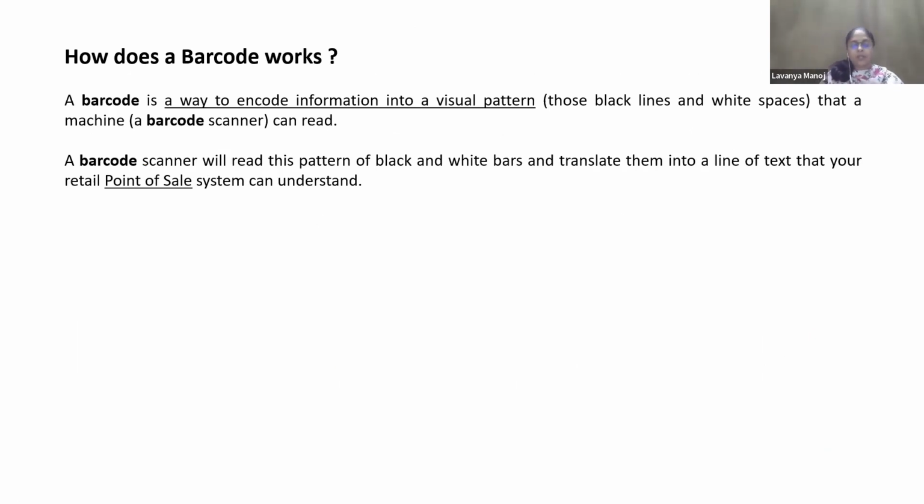Just like when we are typing the program, the computer system understands the commands we give, in the language it knows. So the binary system, in the same way, the visual pattern is understandable by the RFID scanner.